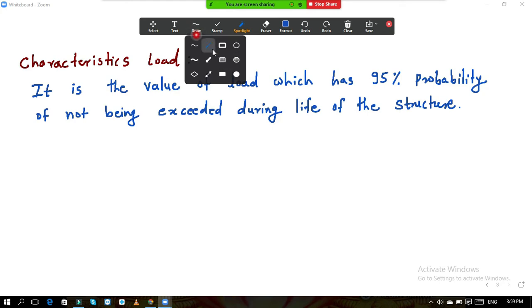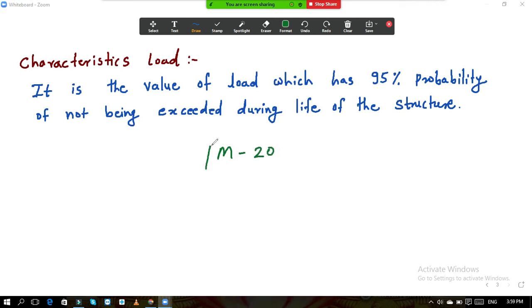If you don't understand this, then I will give you one more example so that you will understand it. Suppose M20 concrete is there. Then what does this 20 represent? This 20 represents the grade of concrete, right?